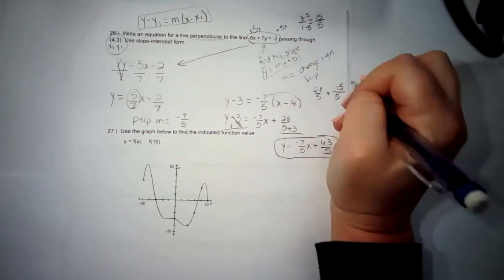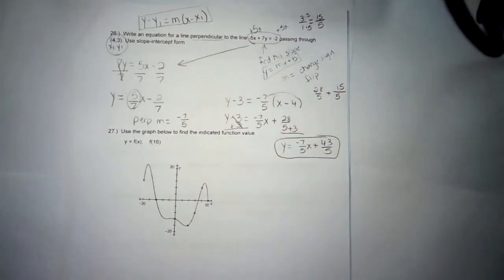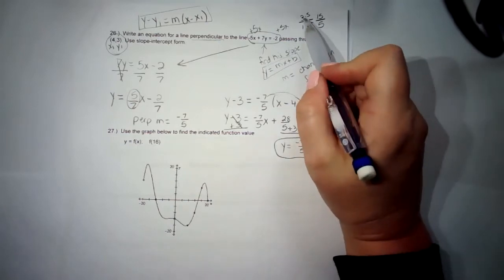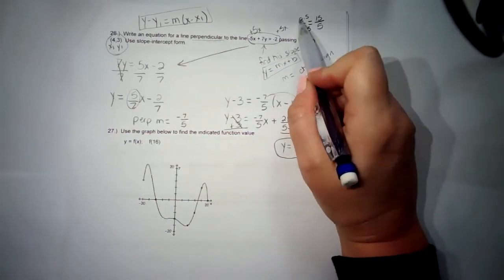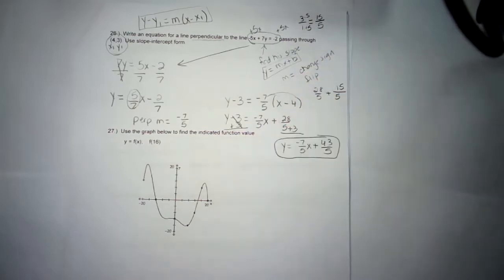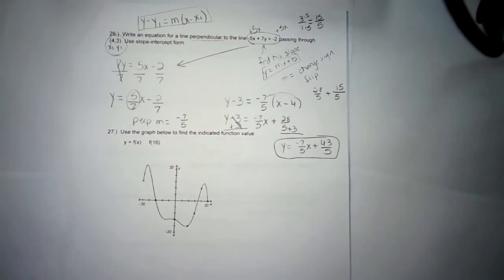And then if I add 15/5, that's what gives me the 43/5. So I knew it was 3/1. I needed something over 5. So I multiplied top and bottom by 5 to get it. And then I just added them together, if you like that better. Okay, sound like a plan? Any questions on that? That was a long one.